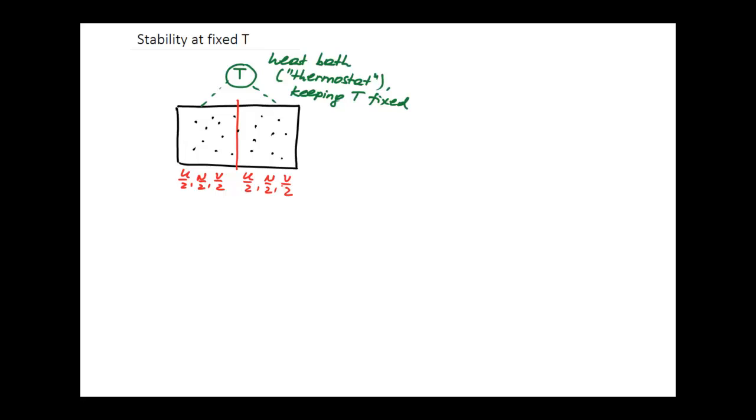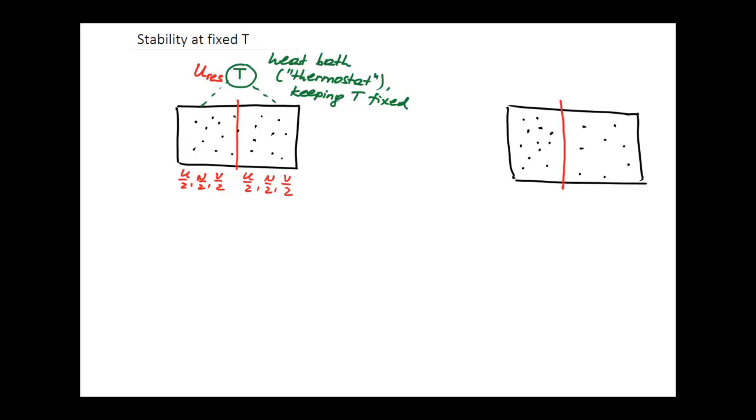So you have to take into account the energy of the reservoir. Now on the left-hand side, you have the homogeneous state. On the right-hand side, as before, you have the inhomogeneous state.